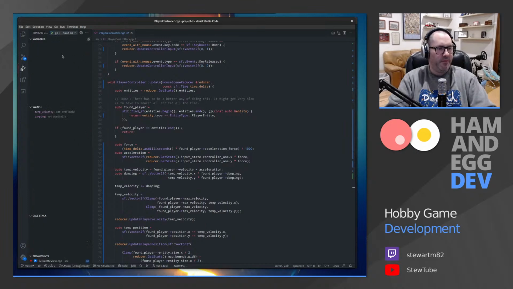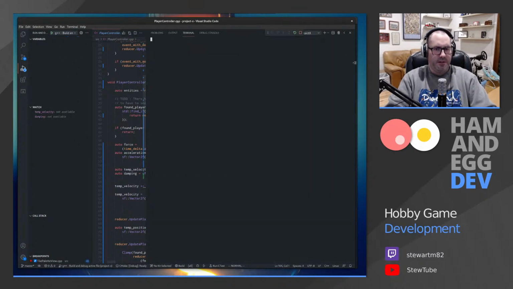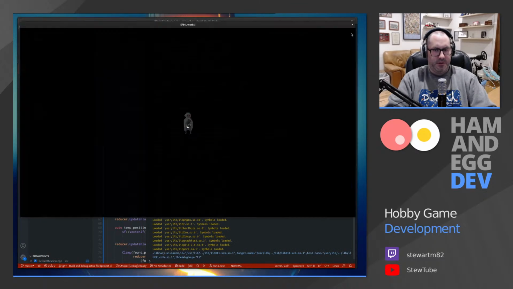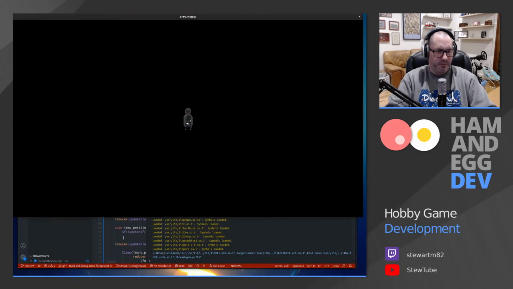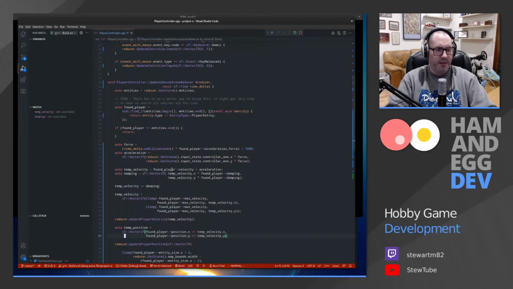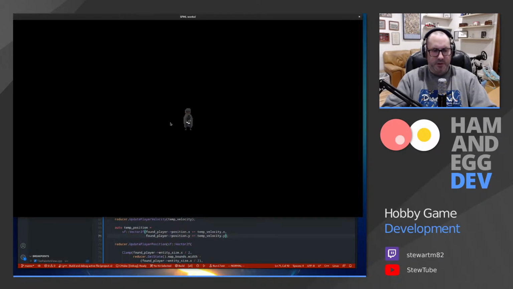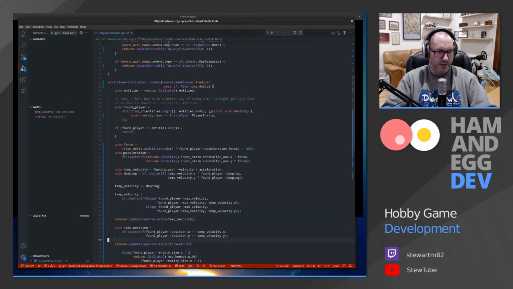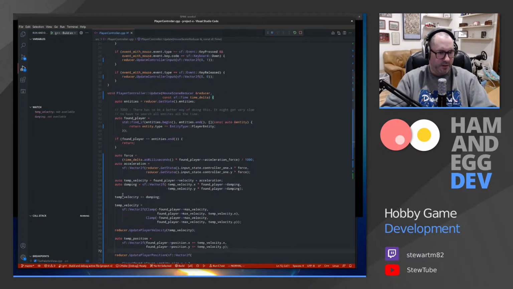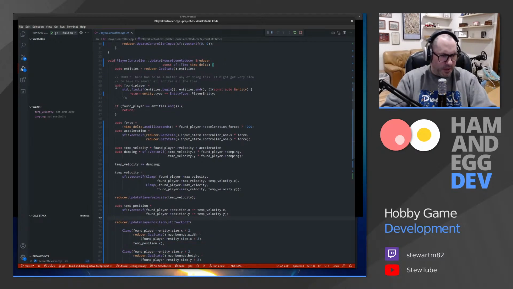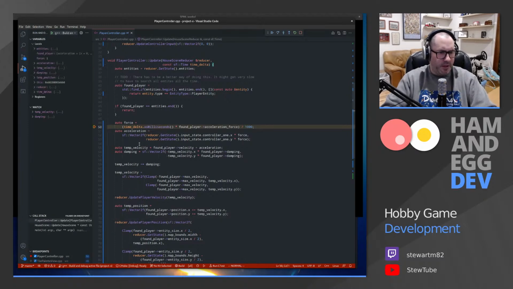So I've set up my debugger, and I'm going to execute here, and that shows we've got our project running. Then I'm going to get into the state that is not working properly, set my breakpoint here, and go through this again.